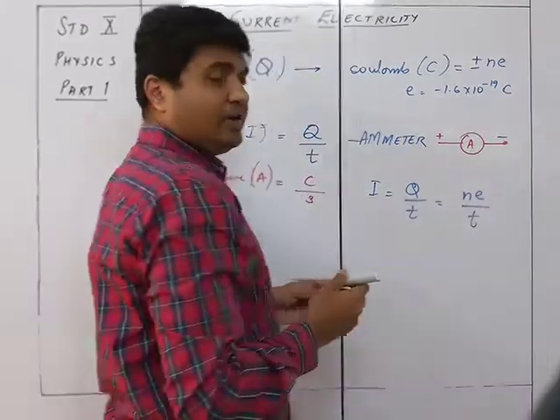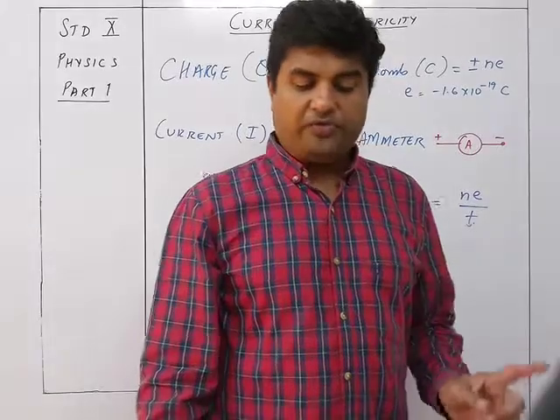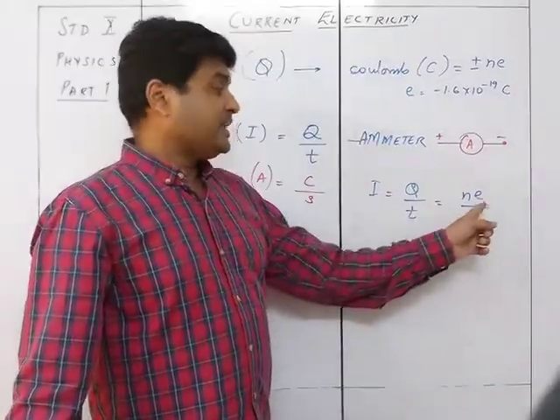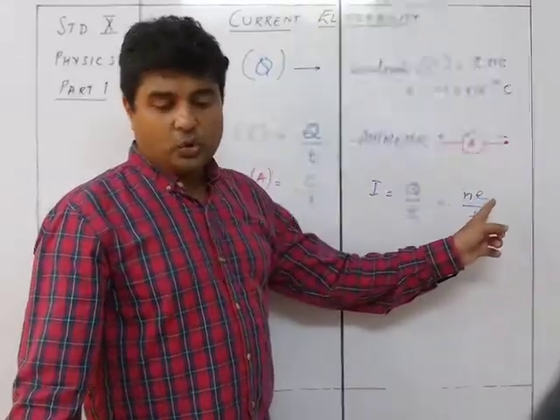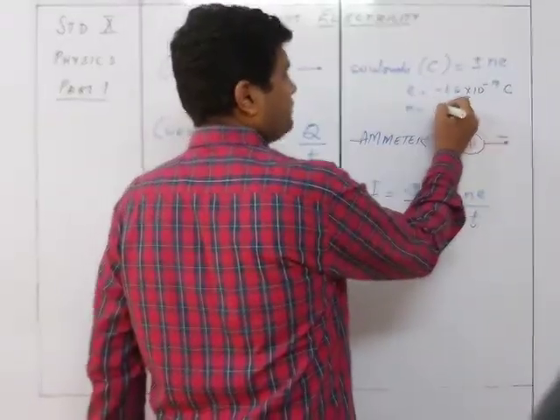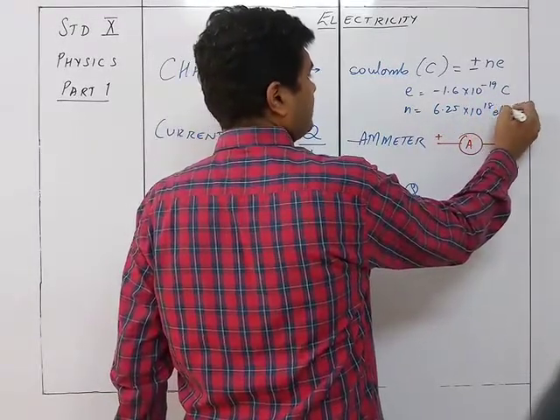That is the number of electrons passing through that circuit in the time period. If the charge is 1 coulomb, that means n has a value of 6.25 into 10 raised to 18 electrons.